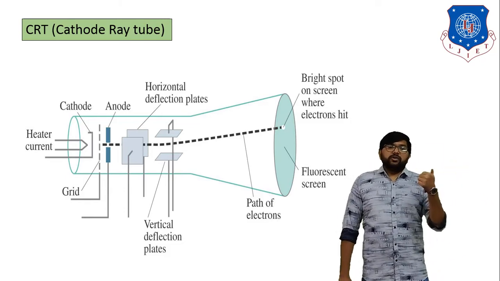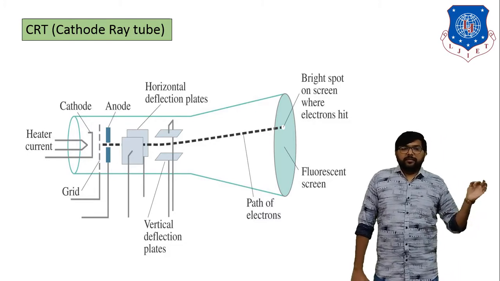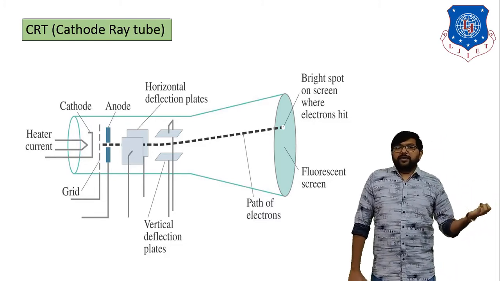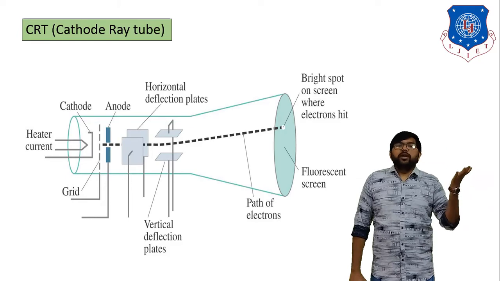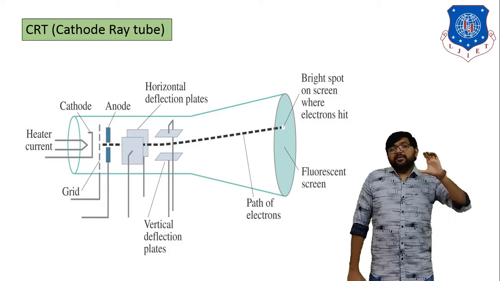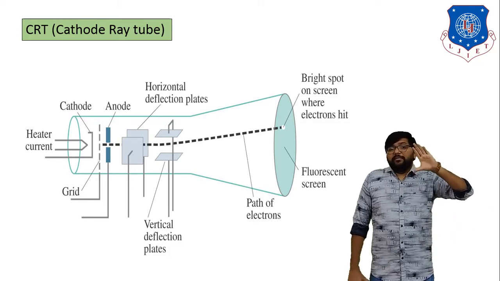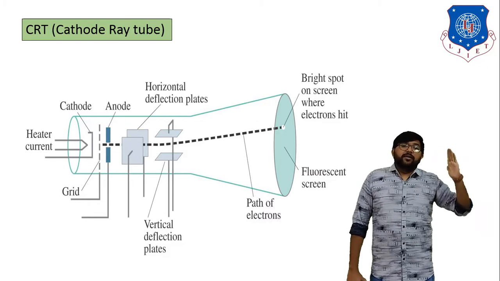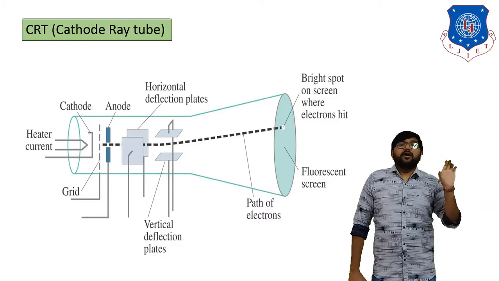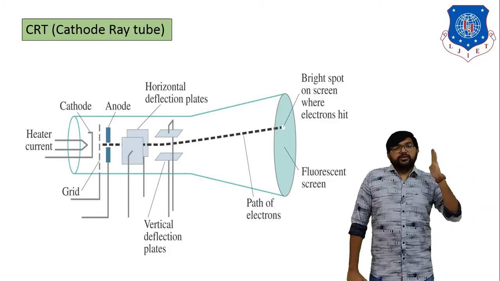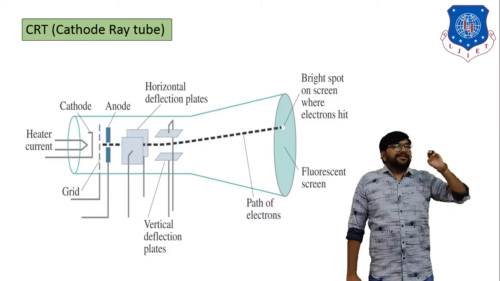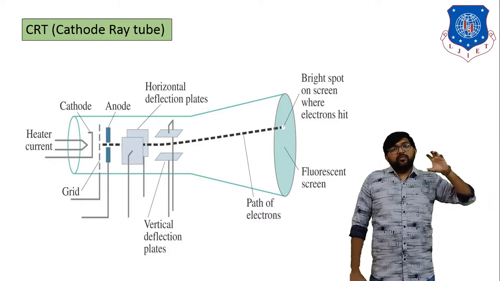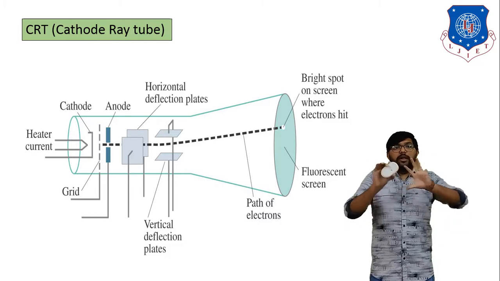Okay. So first we use the heater current to generate some flow of electrons. After that we use two anodes, because cathode and anode have opposite properties. Clear? So once the electron beam is generated, it moves in all directions.